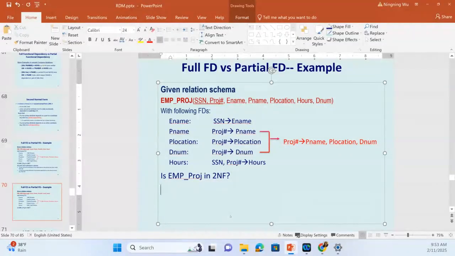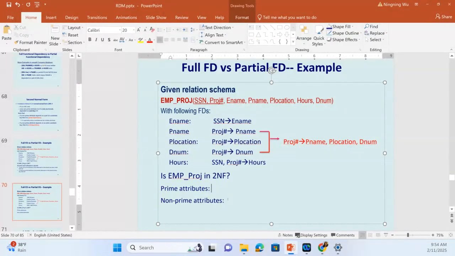So before we can answer the question, we have to identify the prime attributes and non-prime attributes. So what are prime attributes? If you know the keys, then you for sure know the prime attributes.